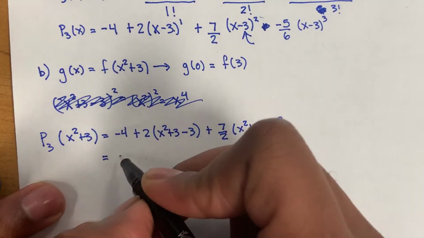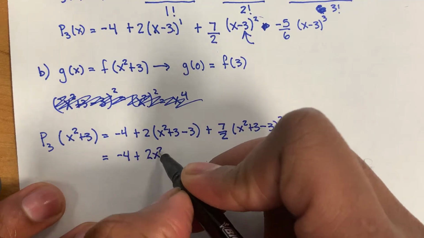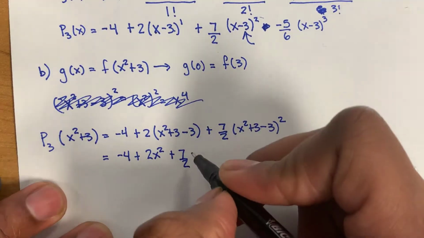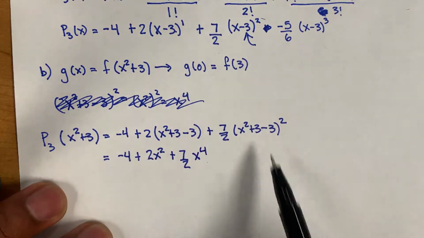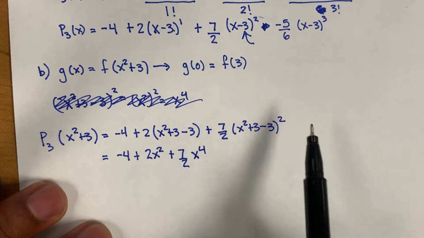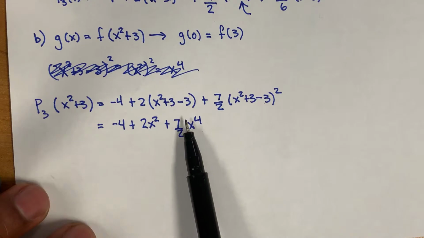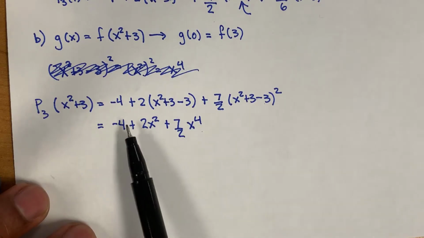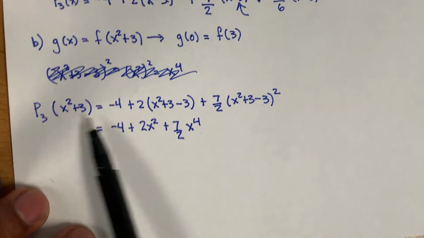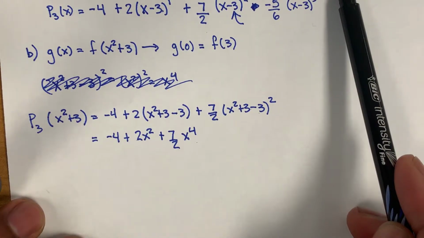And when we simplify, we get -4 plus 2x squared plus 7/2 x to the 4th, because 3 minus 3 cancels, and we're going to have x squared squared. So that's our Taylor expansion: -4 plus 2x squared plus 7/2 x to the 4th, for g of x equals f of x squared plus 3, centered at 0.